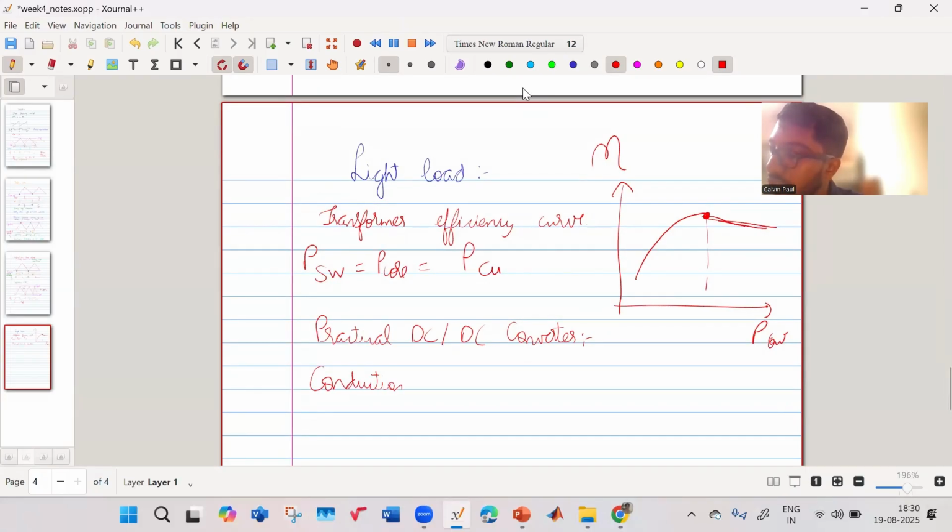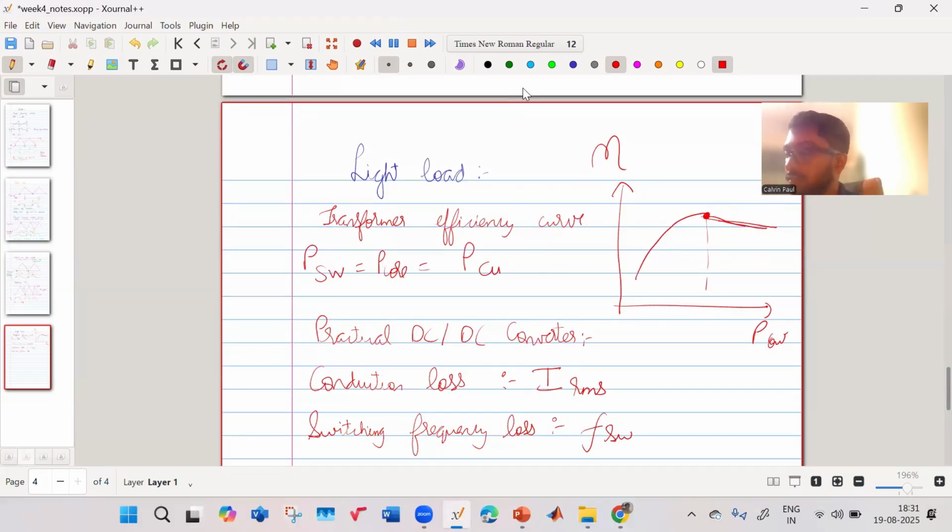One is your switching frequency loss. Conduction loss depends on your current, your RMS current. Switching frequency loss primarily depends on your switching frequency.